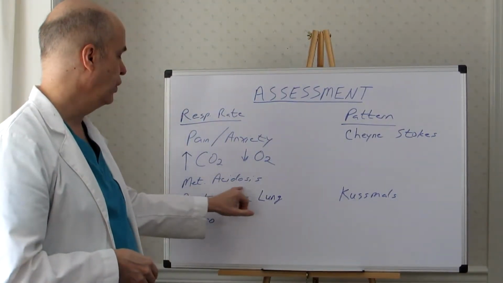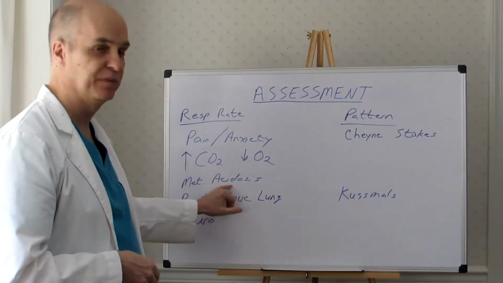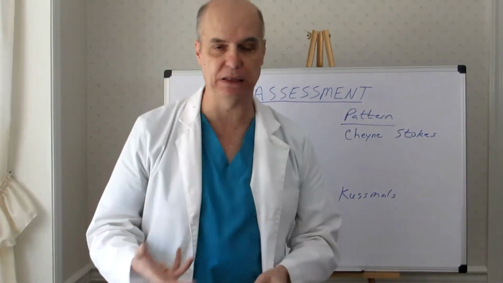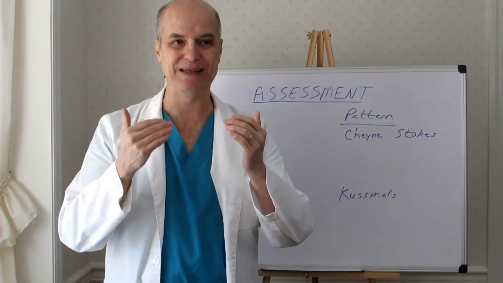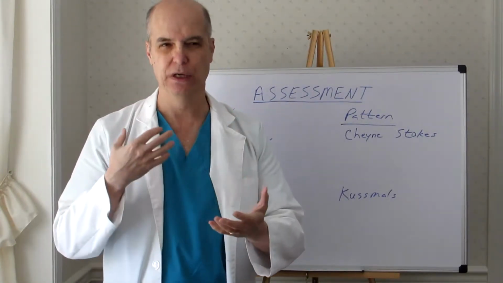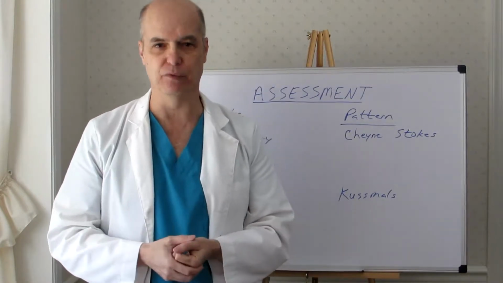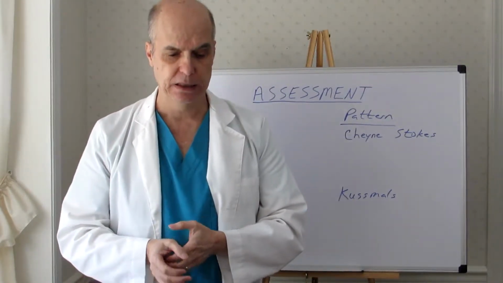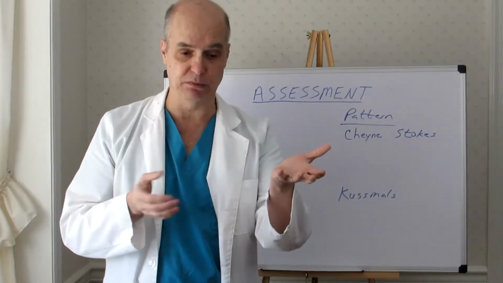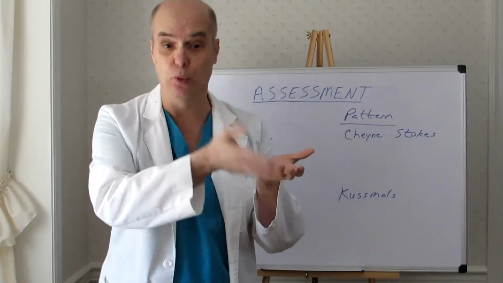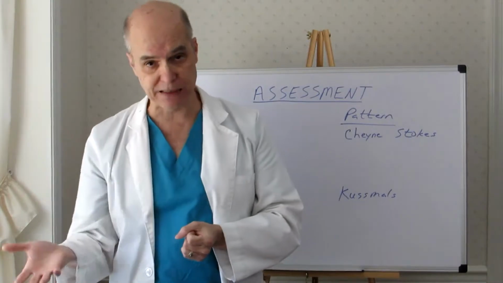Also, we can breathe fast, we can be tachypneic, to compensate for a metabolic acidosis. We have to maintain a normal pH range for the body, which is about 7.35 to 7.45, and we have two different systems at play. We've got our respiratory system that controls CO2, which is an acid, and our metabolic system.